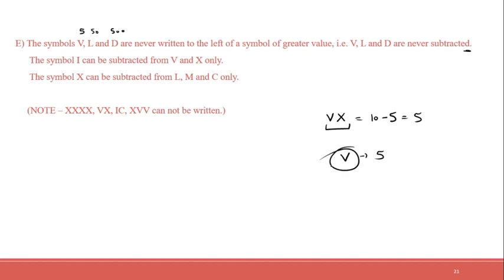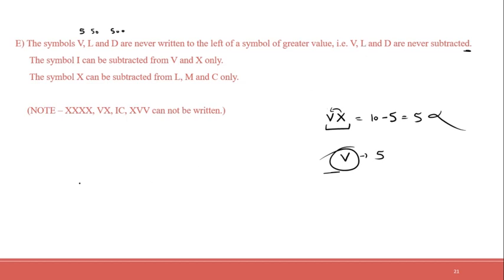I can simply write V. Because V is on the left and is of smaller value, 10 minus 5 gives 5. So it is wrong. Got it? I hope you got this concept. This is why we cannot subtract this value.